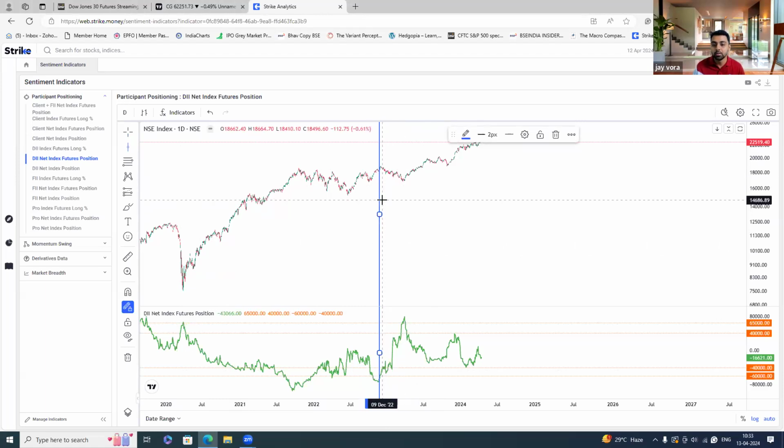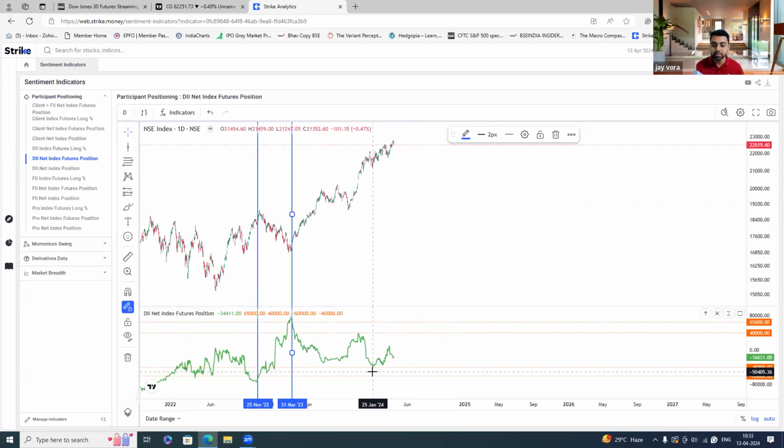At the bottom, you could see that the DIIs were actually net long to the tune of almost around 47,000 contracts or so. Sorry, in fact, 68,000 contracts or so. And that eventually led to a bottom.